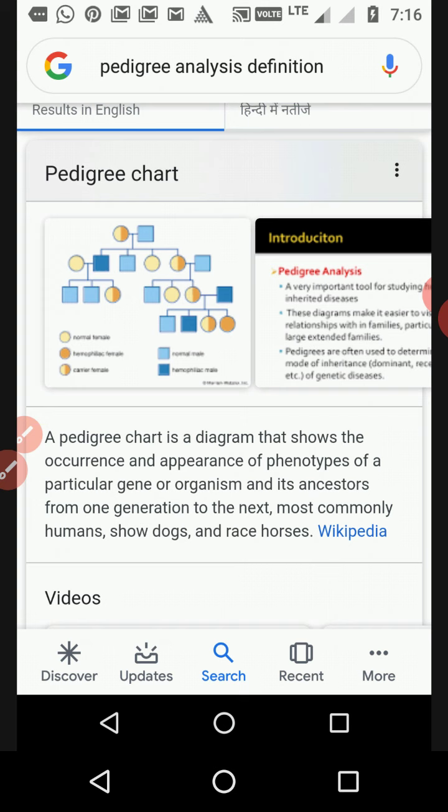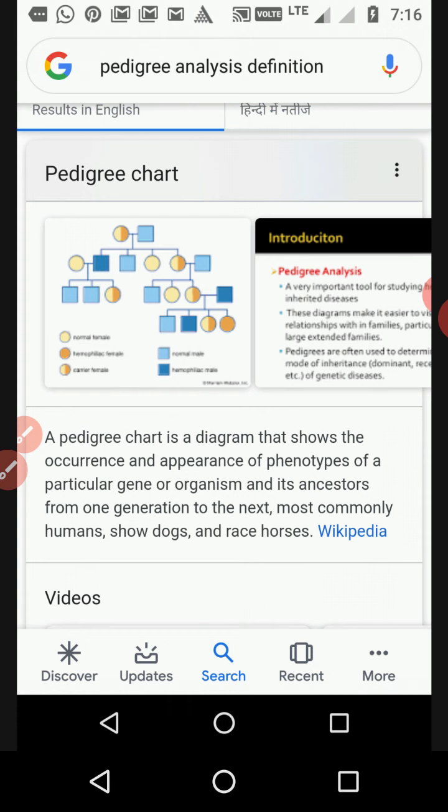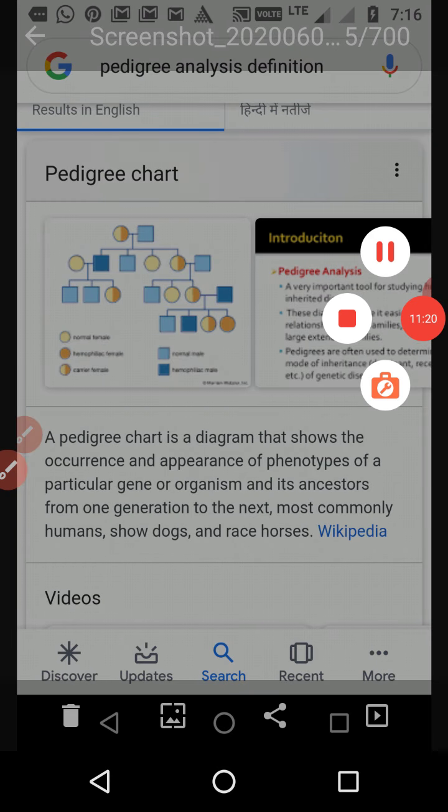So I am going to show you the symbolic structure of the pedigree chart. That is the main base to prepare the pedigree chart, so it is compulsory to learn all the symbols. Then each and every person can solve the questions related to the pedigree chart. Clear?